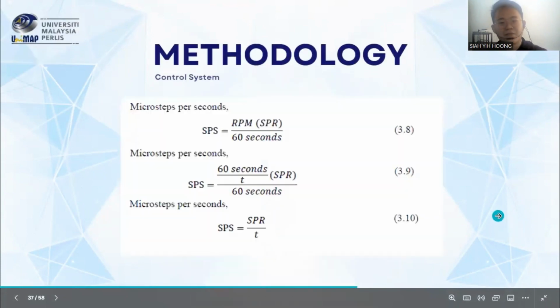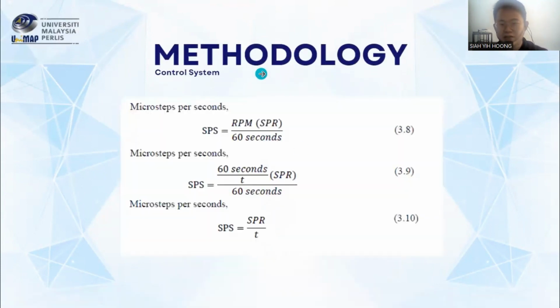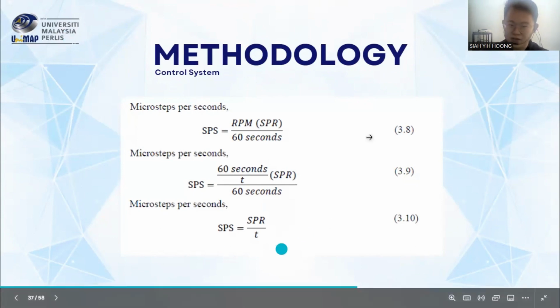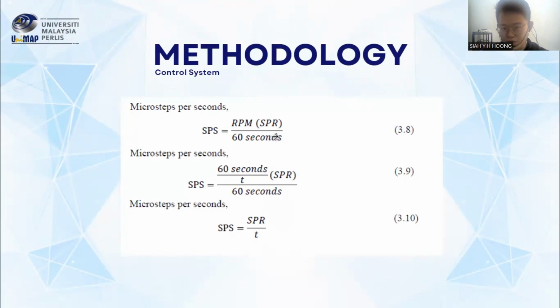Okay. So for the control system for the motors of the ventilation system, it will have such formulas. Why? Because we know that if we want to control the stepper motors by Arduino Mega, they always make use of microsteps per second to control the speed.